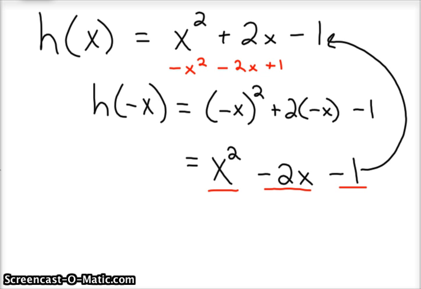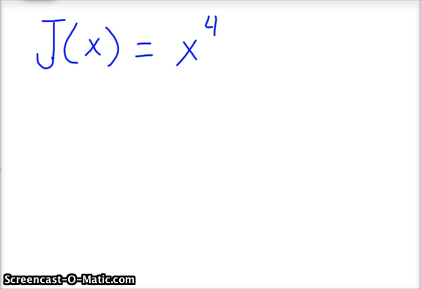So it also didn't come up with the original function. If we'd come up with the original function, we'd have been even. If we'd come up with the negative version, we'd have been odd. But as it turns out, we've come up with neither of them. So this is neither an odd nor an even function.